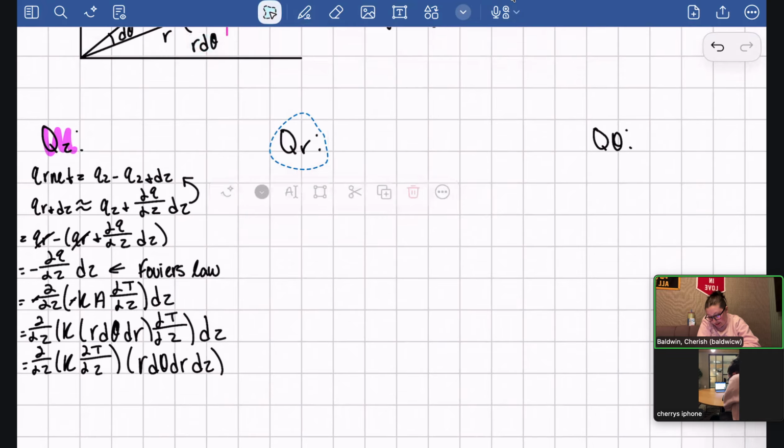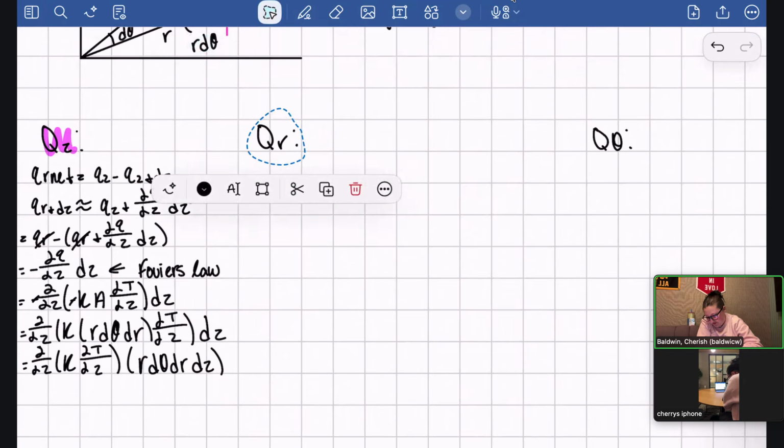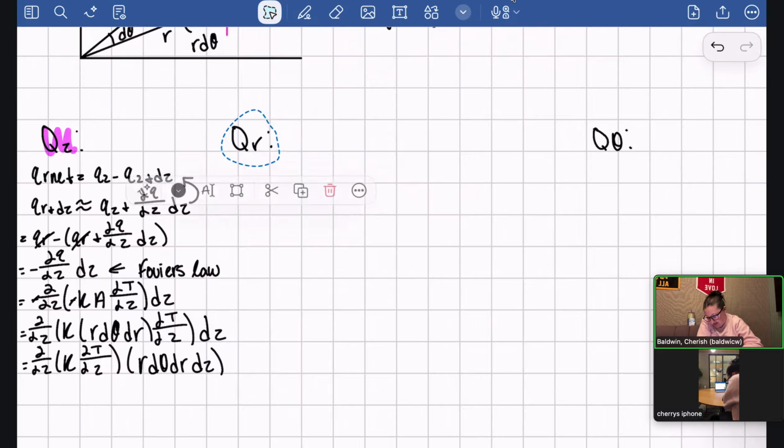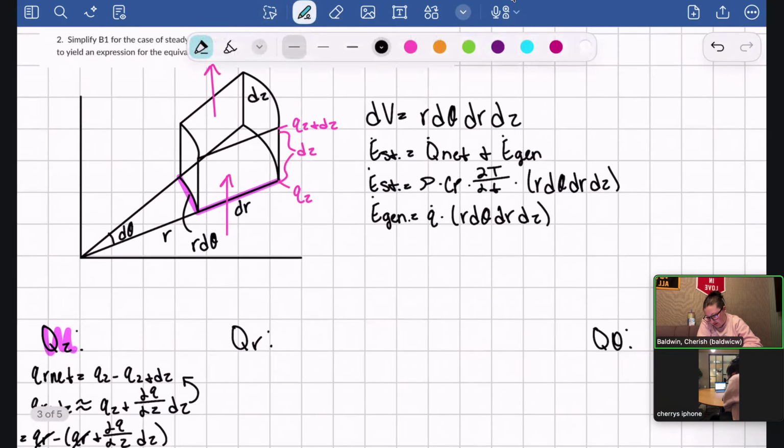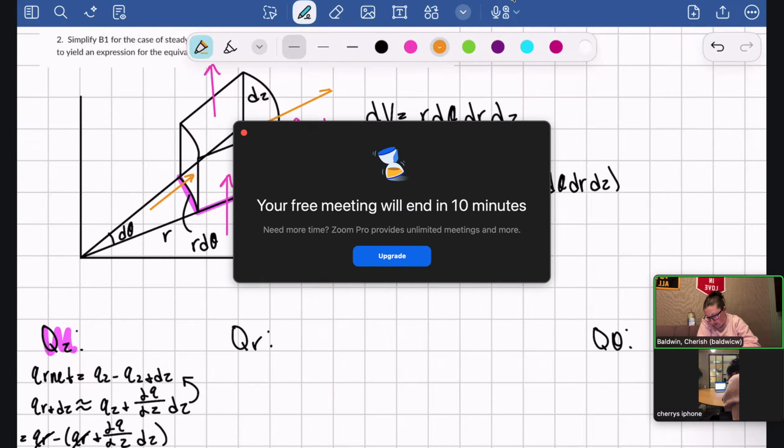So now we're going to calculate for r. Alright. So r is going in through this way, out through this way. So we're calculating for this plane.